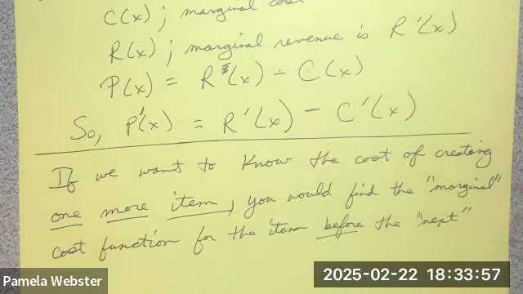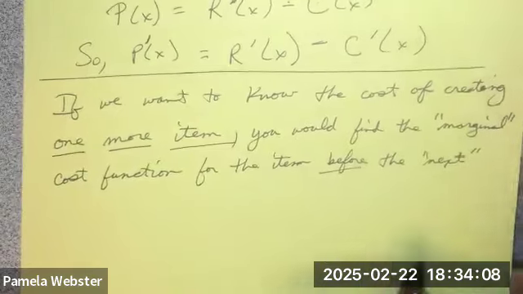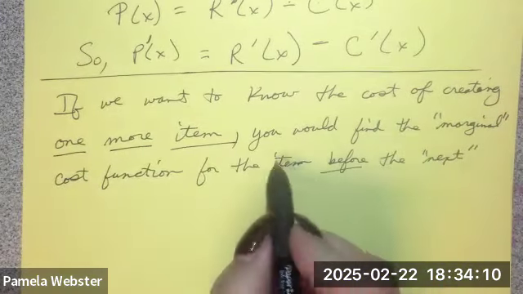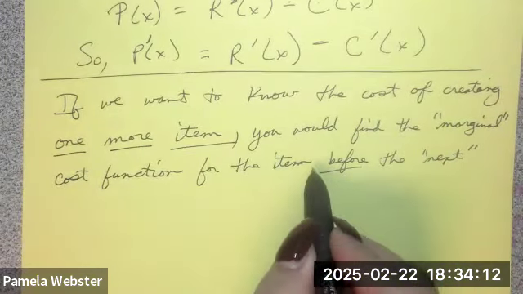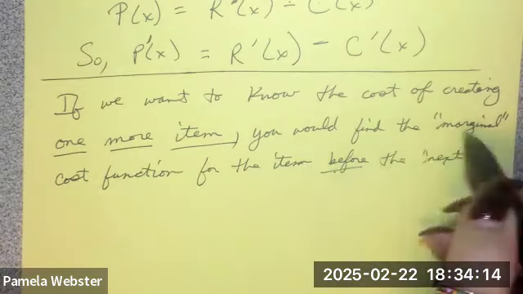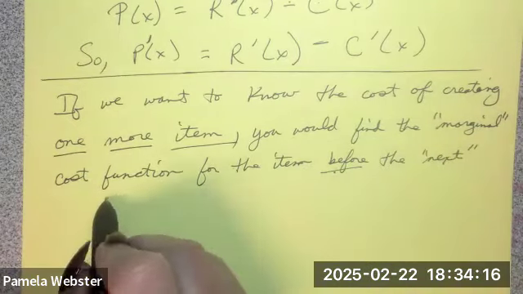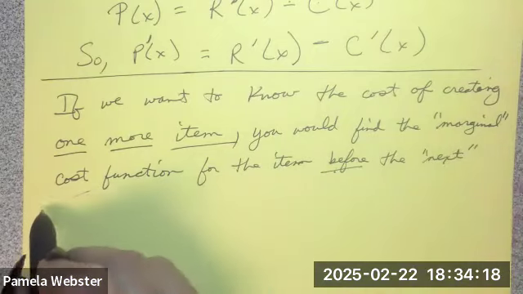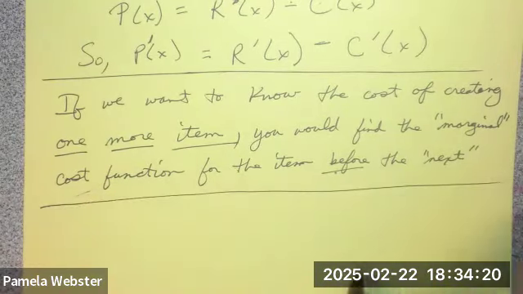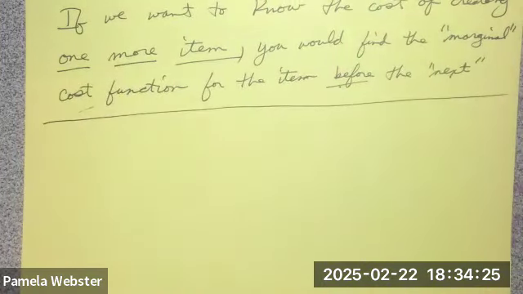I'm going to take the derivative and I'm going to find that rate of change, just like we saw before. I'm going to take the rate of change, the marginal cost function, and I'm going to look at the last item that I've created and the item before the next guy. So we want to know how much is the next guy. So I'm going to look at the one that I have and figure out, okay, what's it going to cost me for one more item?